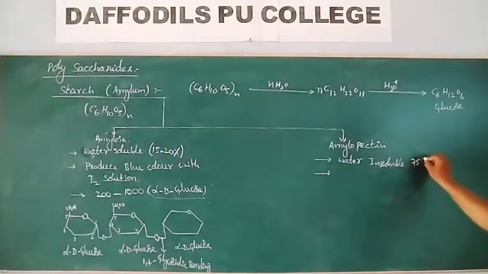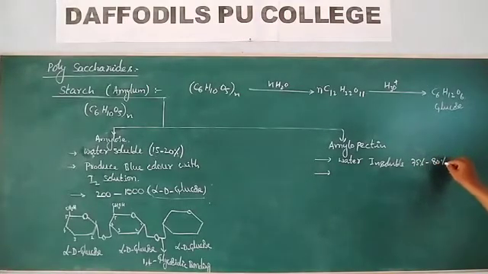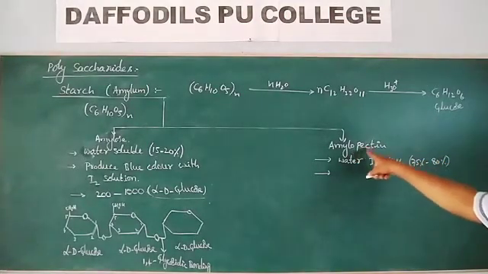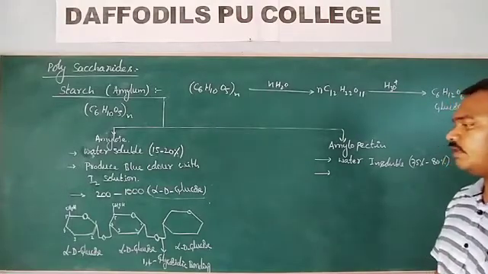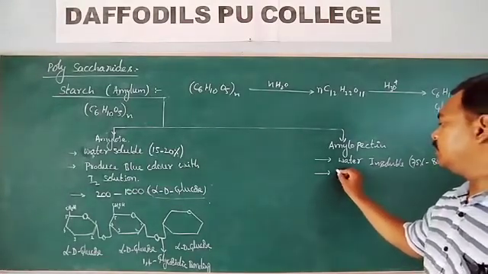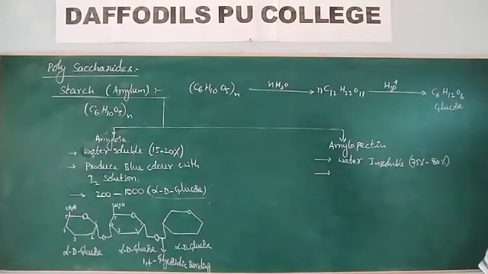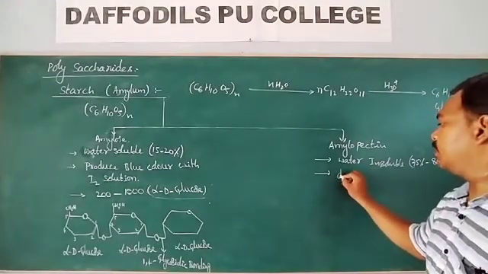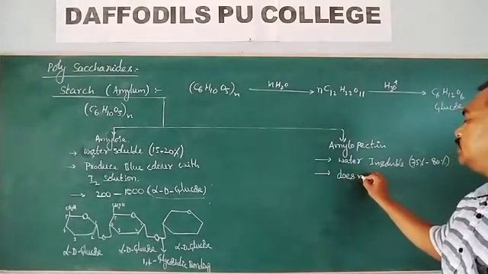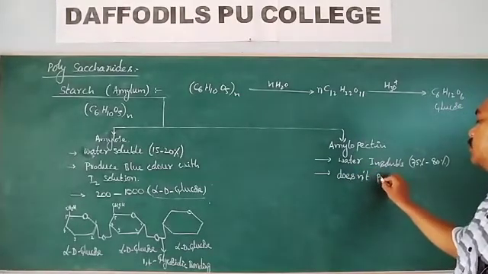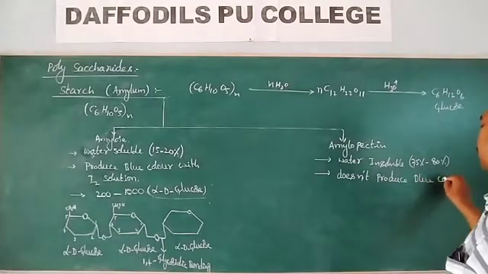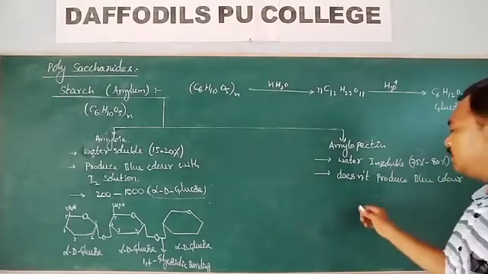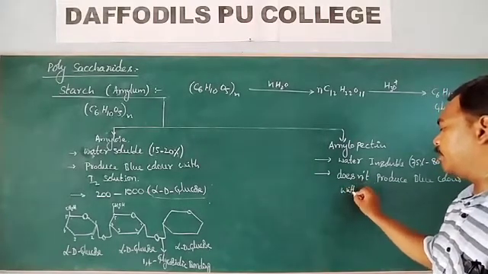Nearly 75 to 80% of starch is present in the form of amylopectin. This one does not produce a blue color with iodine.